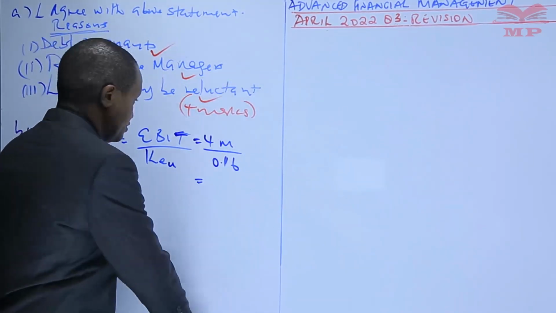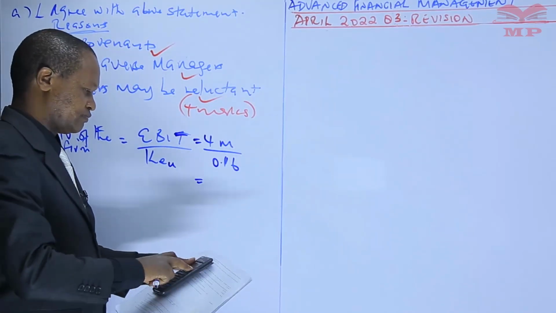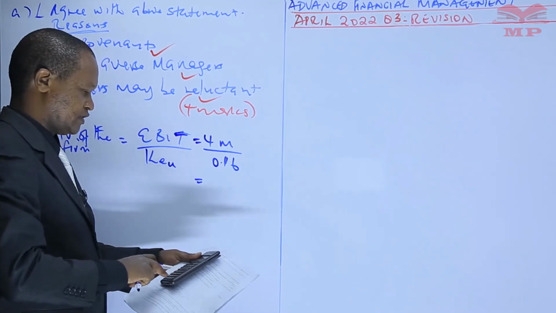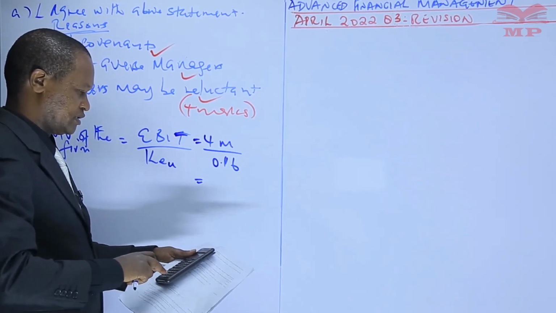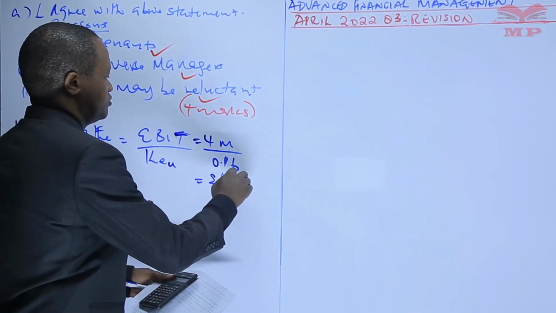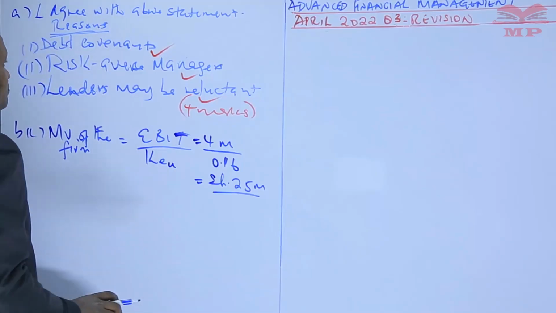So that will be the market value of this firm: 4 million divided by 0.16 is 25 million. That is the market value of this firm.